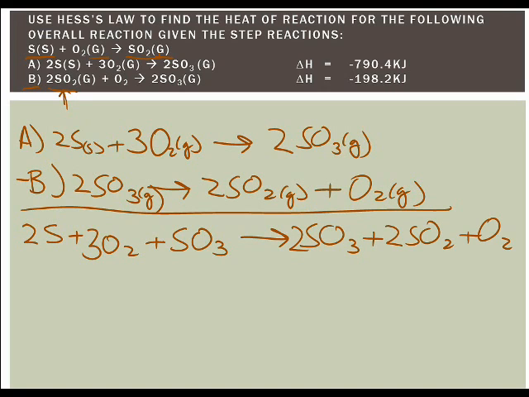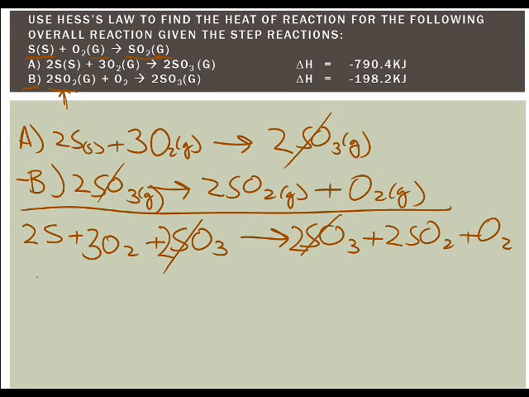Now I didn't write the states because I would have run out of room, but we really should write that. Now also we can see that the SO3s will cancel out. All right, now we can see these will cancel out. If we want, we can also just cancel them out up here. We don't really have to write them out down at the bottom.